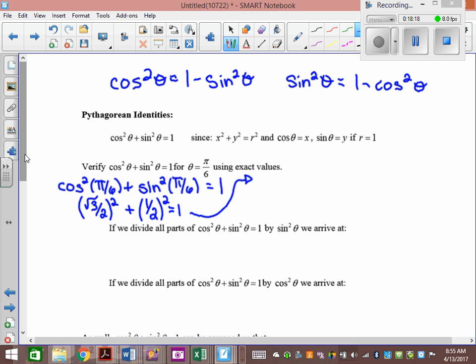So root 3 over 2 squared, when you square a square root, it just goes away, right? And you have to remember to square the bottom. So it's 2 squared, which is 4. So you're going to get 3 over 4 plus 1 over 4 equals 1. And then this is going to be 4 over 4, because we have a common denominator, equals 1. So 1 equals 1. So you verified it worked.